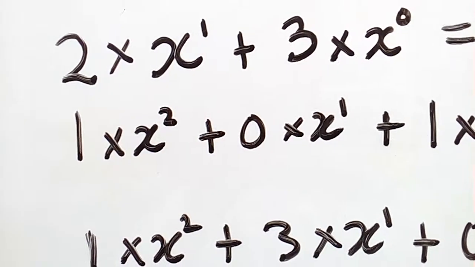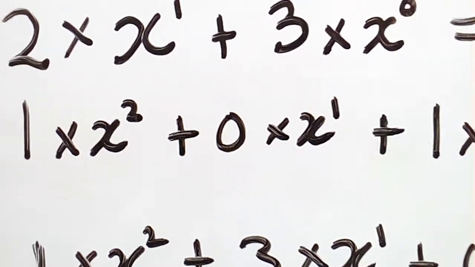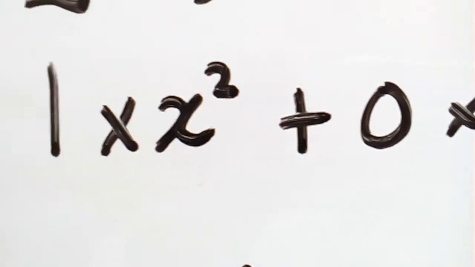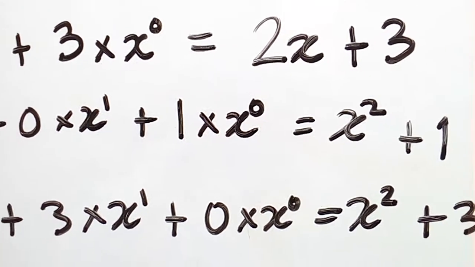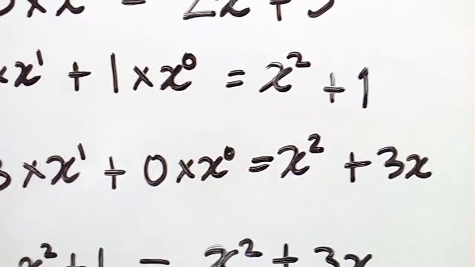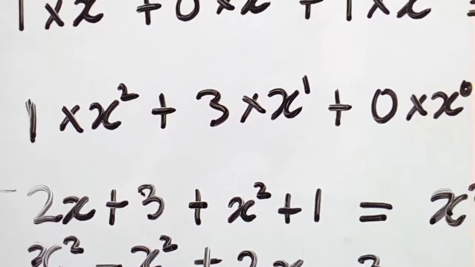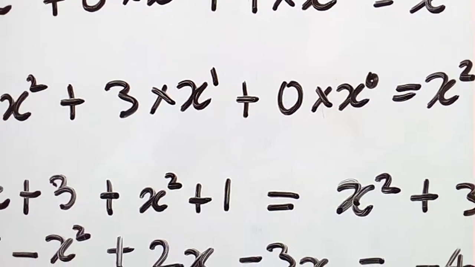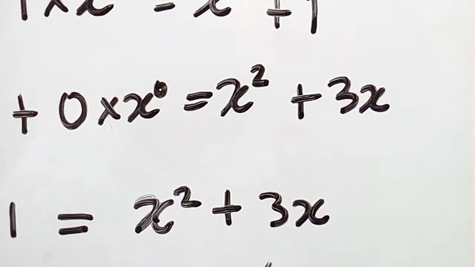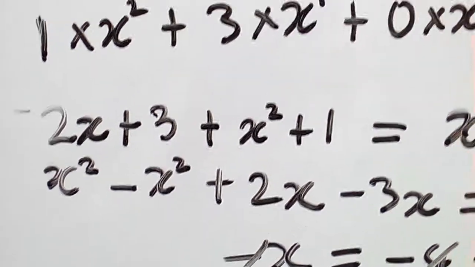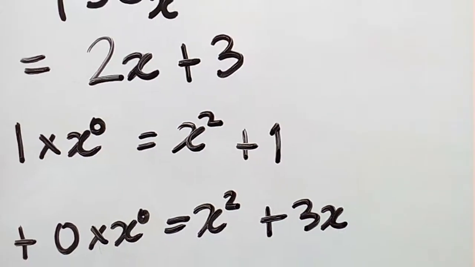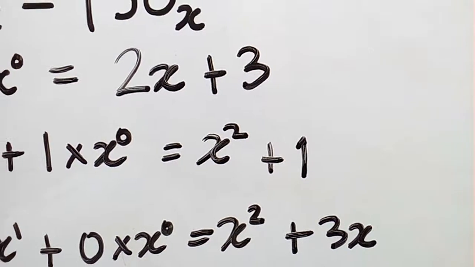Okay, and this is for 101 to base x going to base 10 on the right hand side, and finally 130 to base x going to base 10.